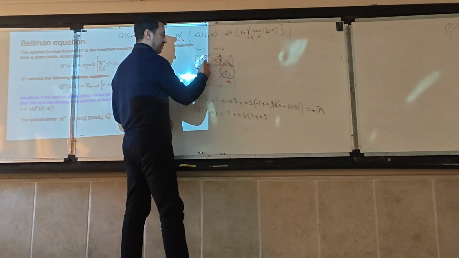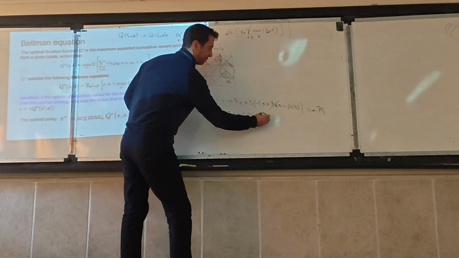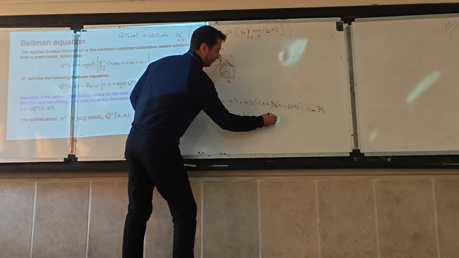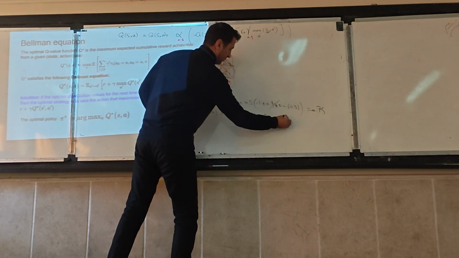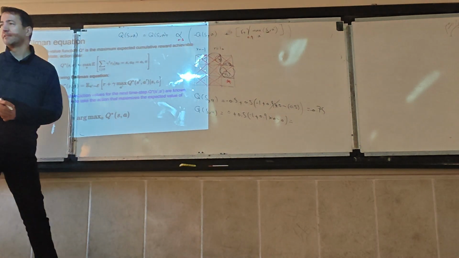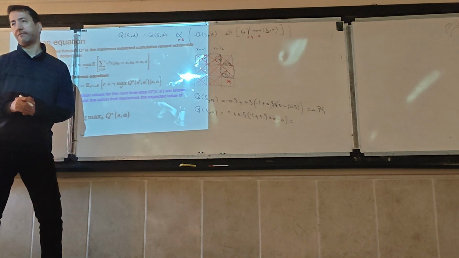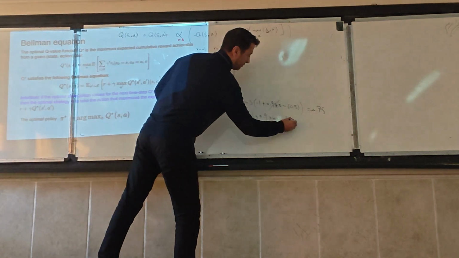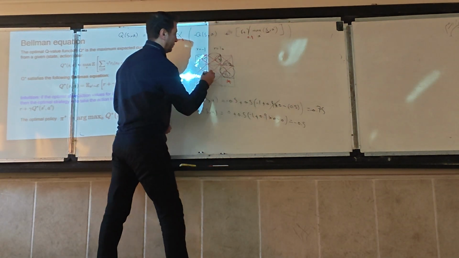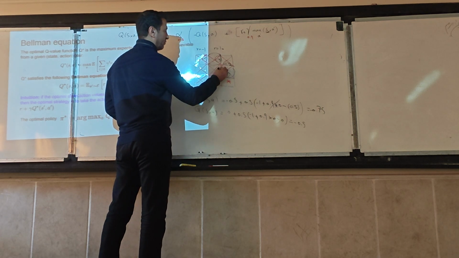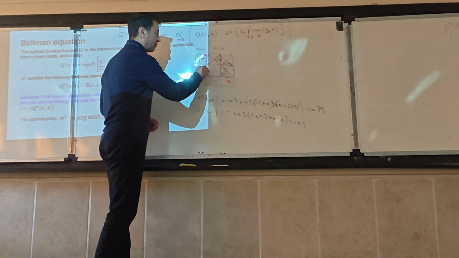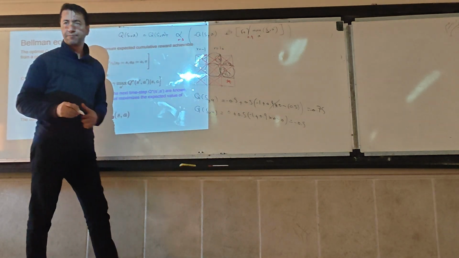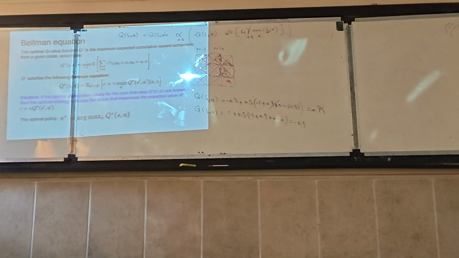The max of this room is 0, minus the previous value is 0. So it became minus 0.5. So here became minus 0.5. Now we are in this room.